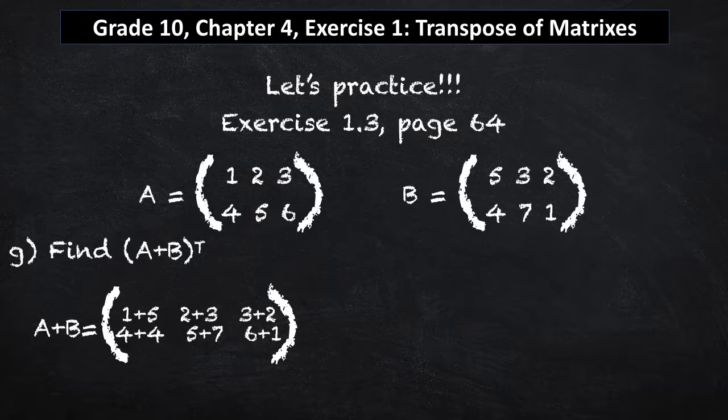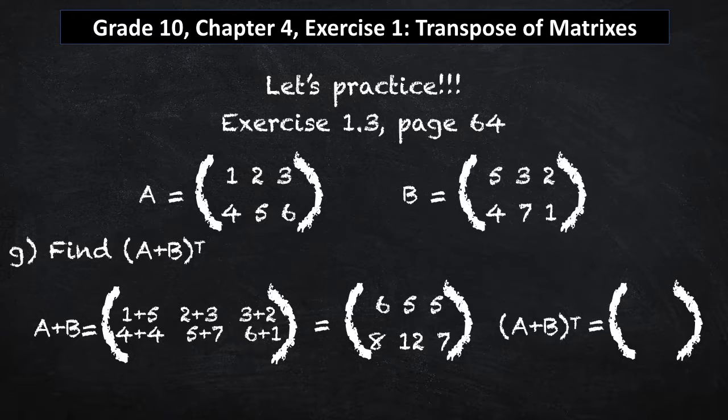So this is what we will find. For example, the element 1, 1 is the sum 1 plus 5 because 1 is the element 1, 1 of the matrix A and 5 is the element 1, 1 of the matrix B. So if we compute all the sums, we find this 2 by 3 matrix that has the elements 6, 5, 5, 8, 12, 7.